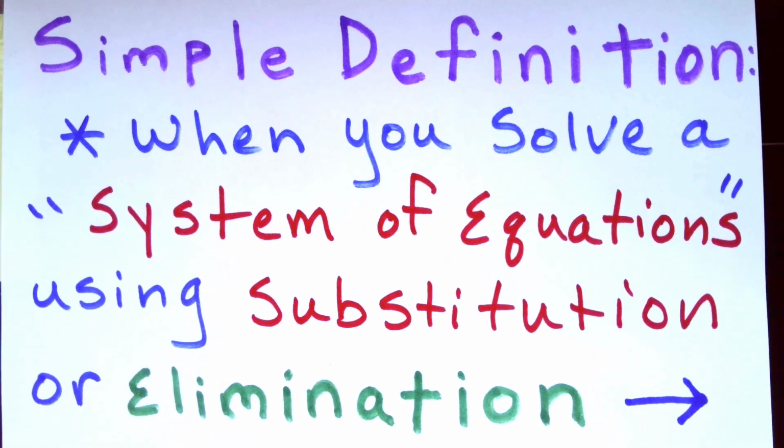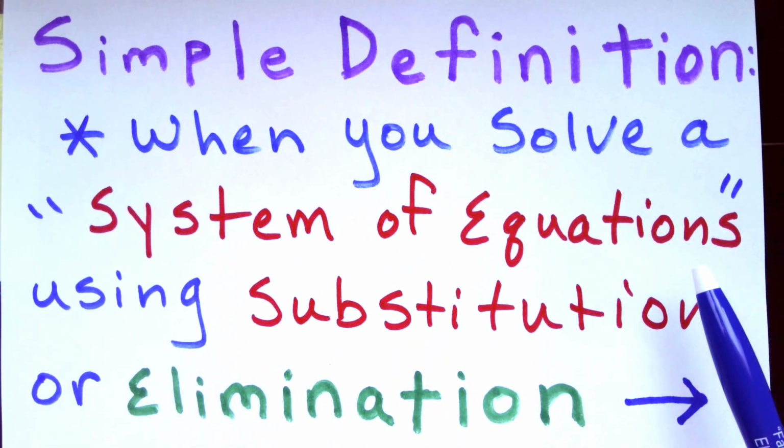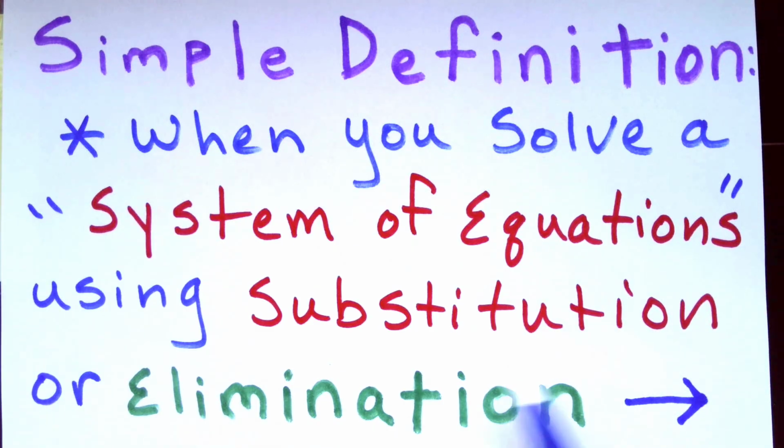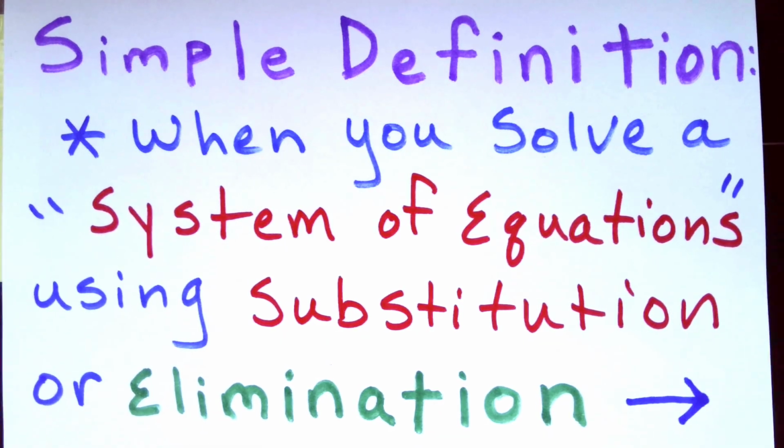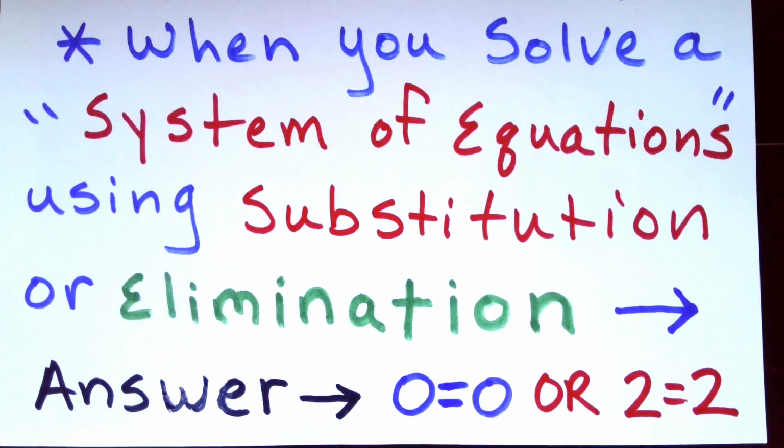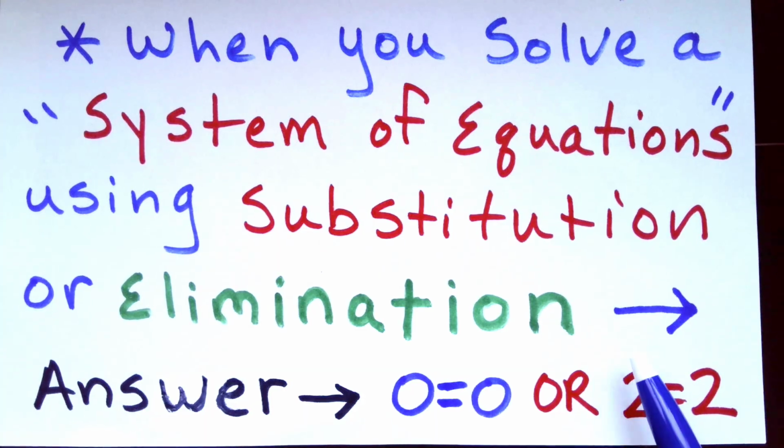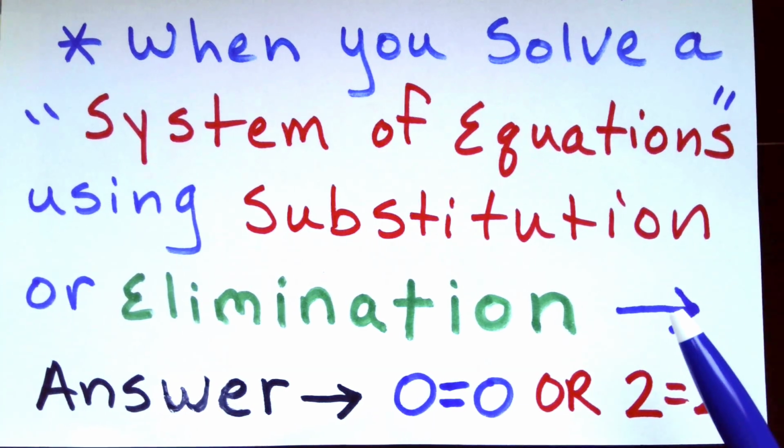So a simple definition is when you're solving using a system of equations, which we will do in a moment, using substitution, we'll also do elimination, you will get an answer that looks like what you see right here: 0 equals 0, or 2 will equal 2, 7 will equal 7.